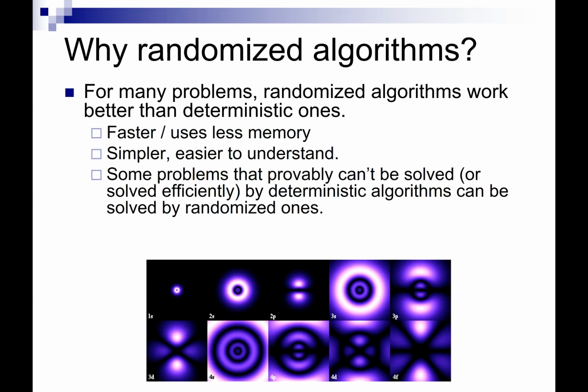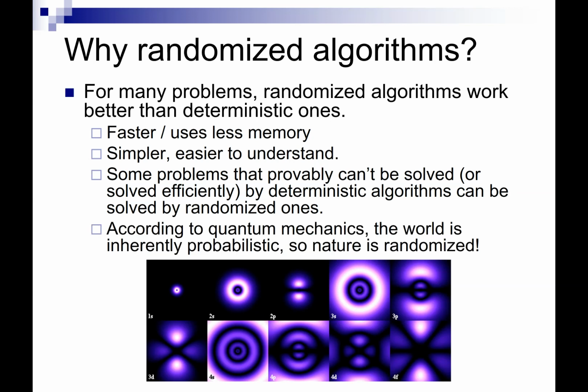And in fact, there are some cases where problems can be solved efficiently by randomized algorithms, but you can prove that no deterministic algorithm can solve the problem as efficiently. So sometimes randomized algorithms are the only way to solve a problem efficiently.